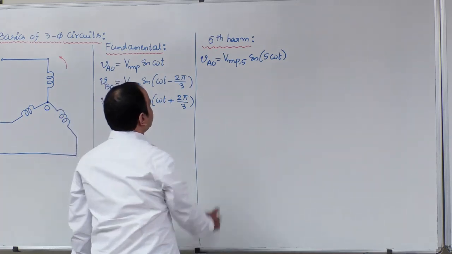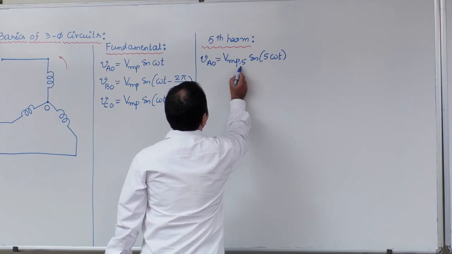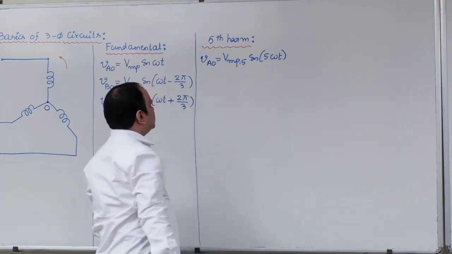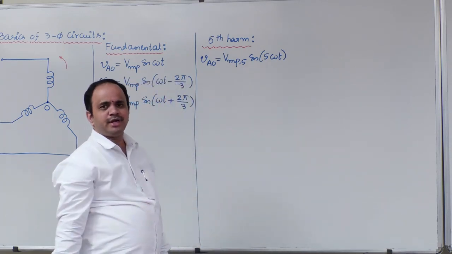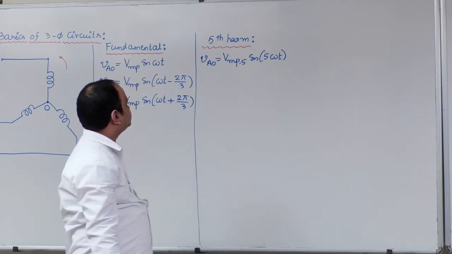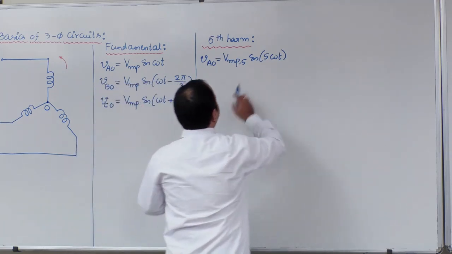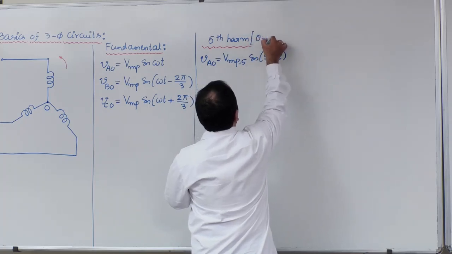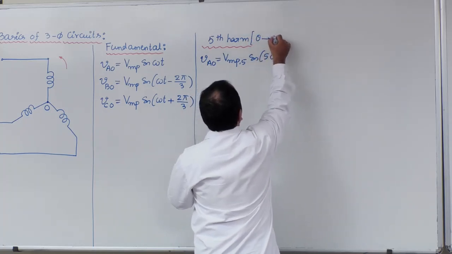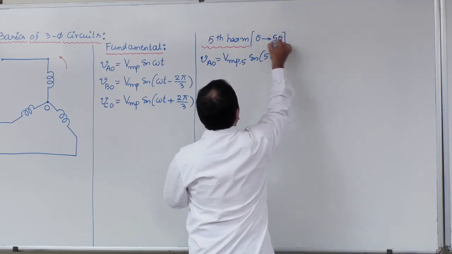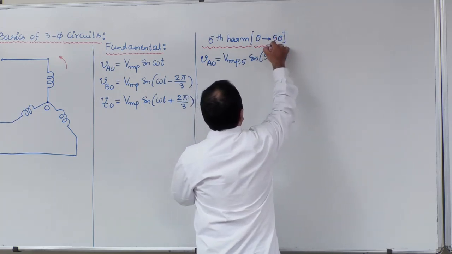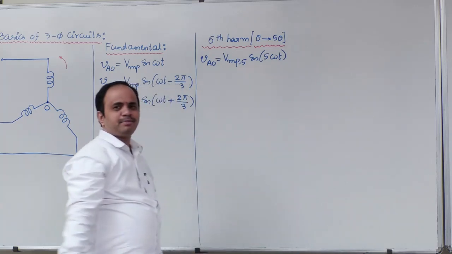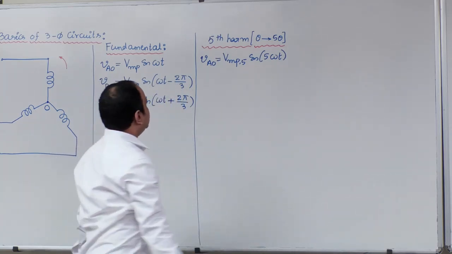Follow the notation carefully: VMP suffix 5 indicates the peak value corresponding to the fifth harmonic component. And in 5 omega t, for the fifth harmonic, fundamental theta should be replaced with 5 theta.